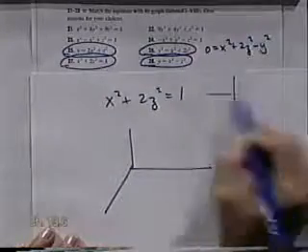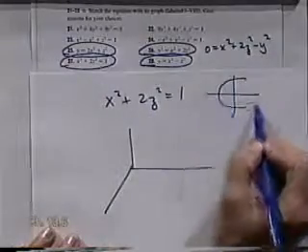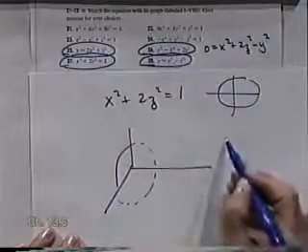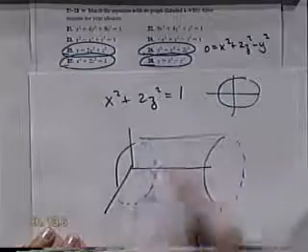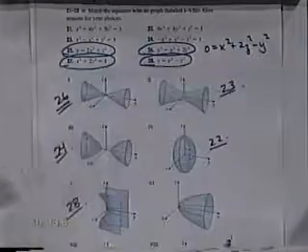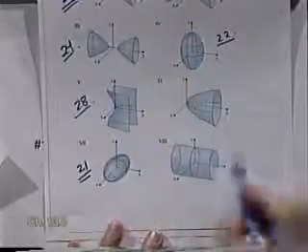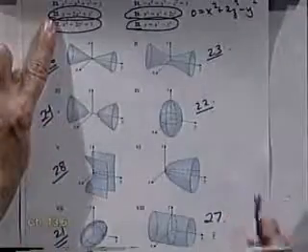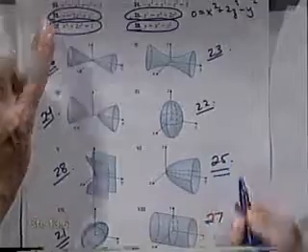It's an ellipse. So if I put my ellipse here, drag it along the y-axis, what am I getting? A cylinder. Aha, there he is. So this one here is 27, and by default, the only one I haven't done yet is 25, so he would be there.